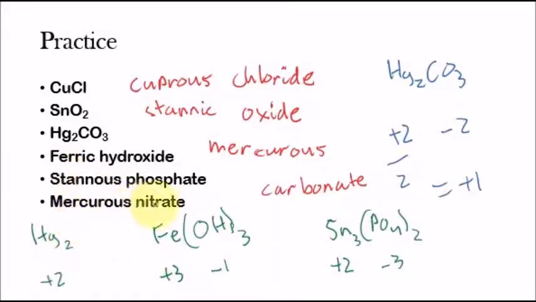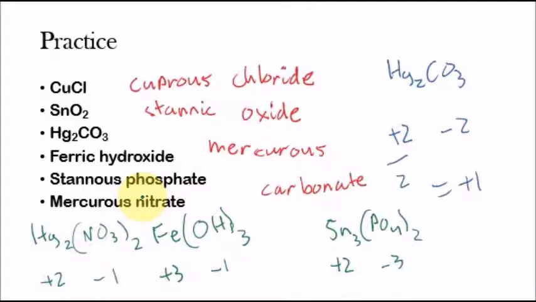And then we have nitrate, which has a -1 charge. So what we basically do is we leave the Hg2 like this, and then the nitrate, there'll be 2, just flip. So Hg2(NO3)2 is mercurous nitrate.